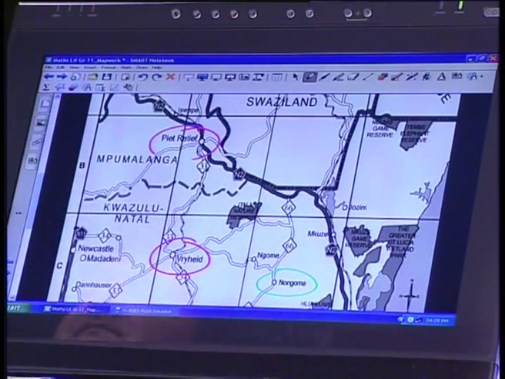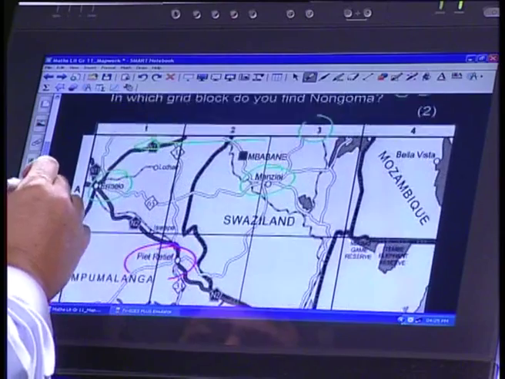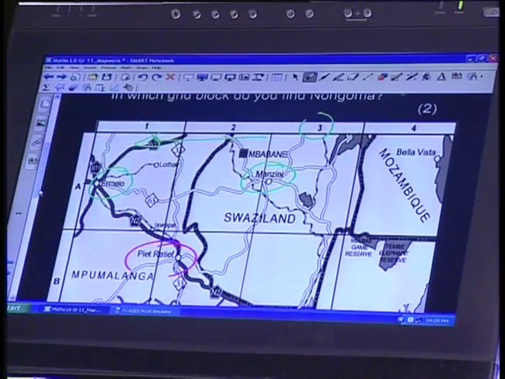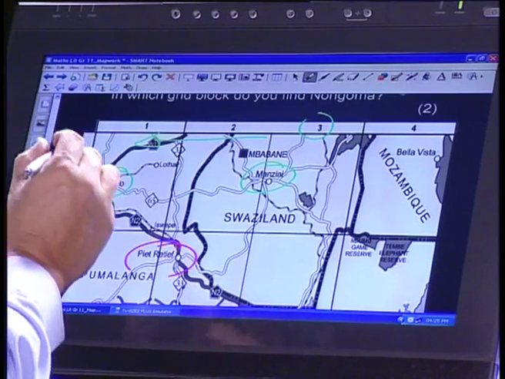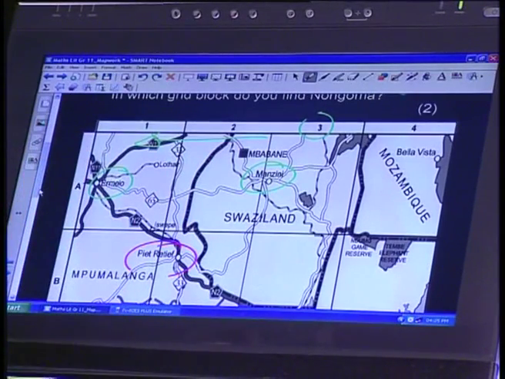Okay. Now, let's look at some more questions we could ask you with this map. Let's say we asked you to estimate the distance from Ermelo to Manzini. So here's Ermelo, there's Manzini. And I want you to estimate the distance from Ermelo to Manzini.